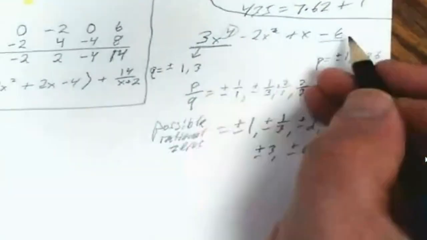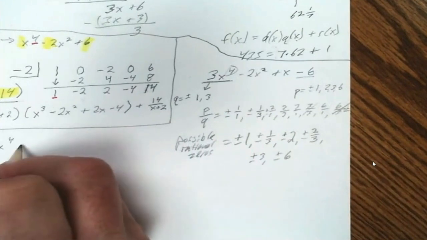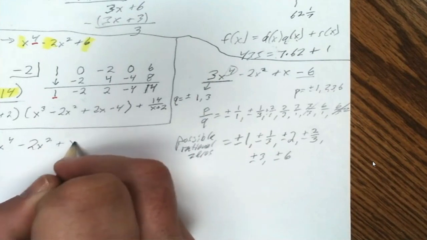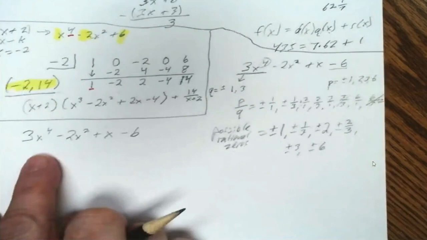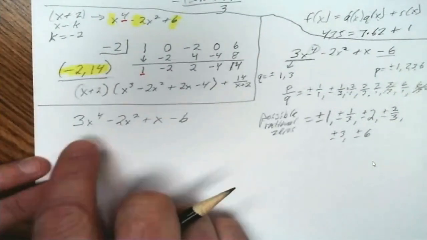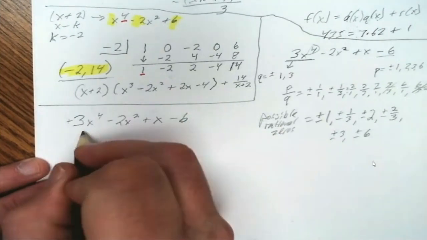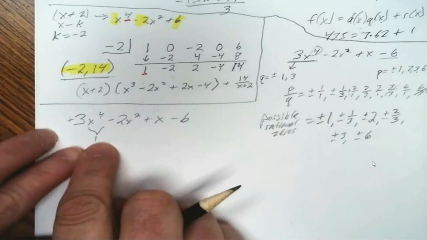Let me go back and write this original function again: 3x to the 4th minus 2x squared plus x minus 6. How many times does the sign change? We start out with a positive number, right? Then it changed to a negative. That's one sign change.